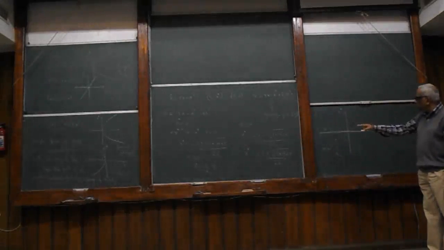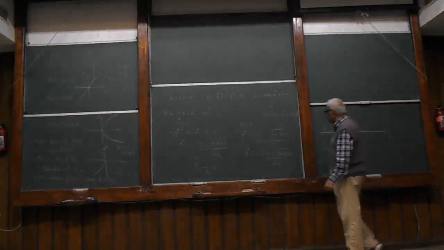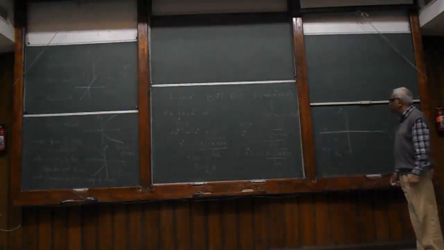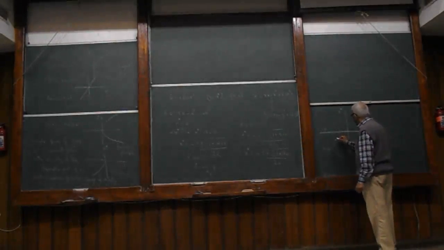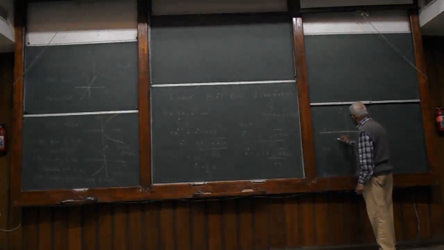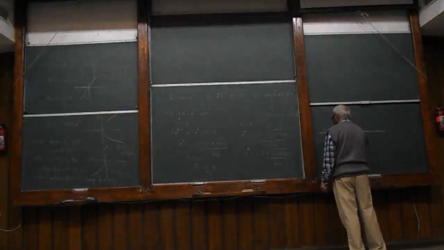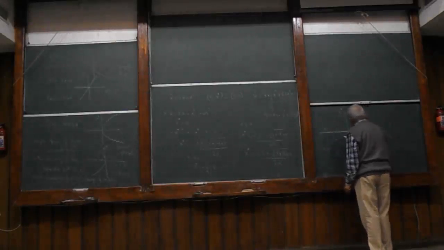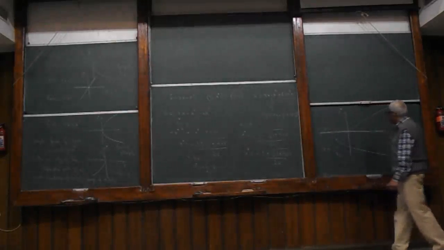Then if I come to r equal to 0, one of them is going to be at minus 1 over alpha, and the other is going to be 0. So you have one branch which goes off like this, and the other branch like this.